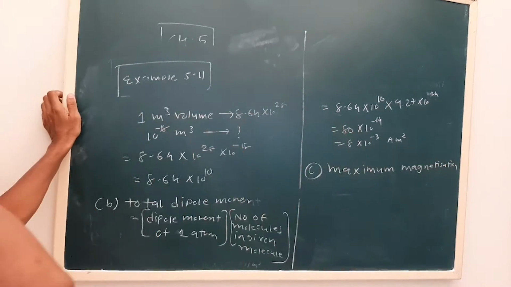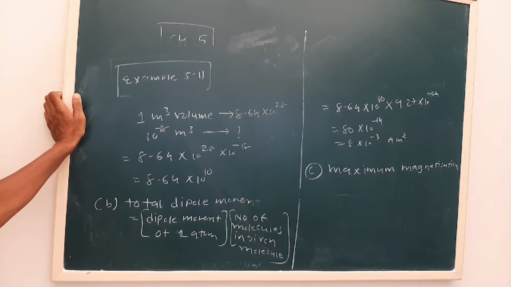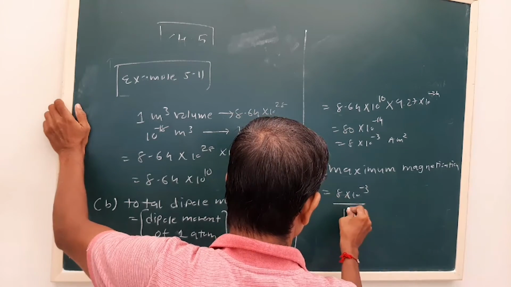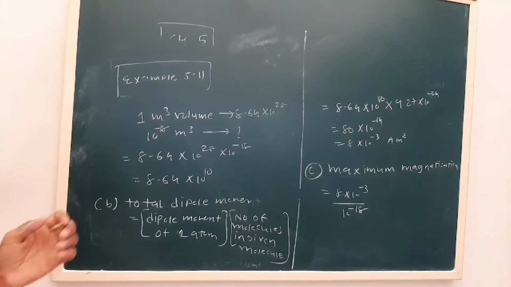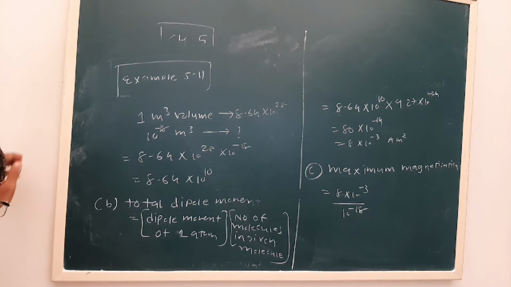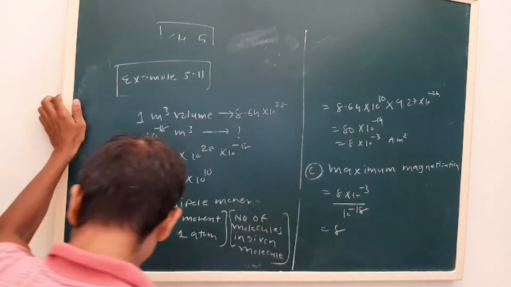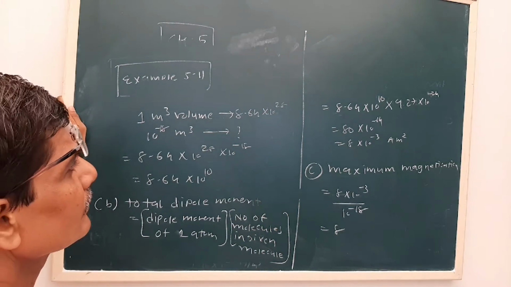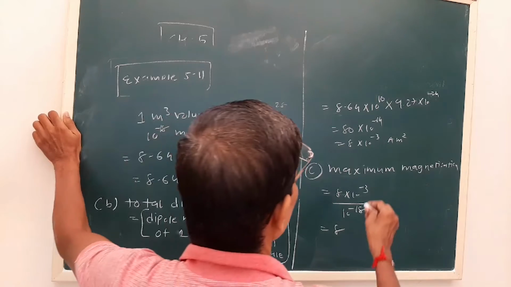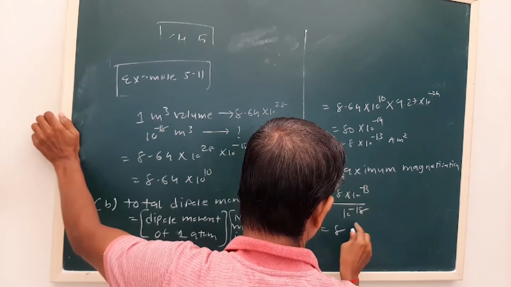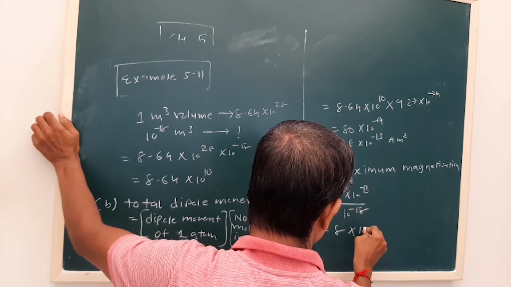For maximum magnetization, what we have to do? See, we have to divide with the volume of the given cube. That will be 8 into 10 to minus 3 upon 10 to minus 18, that we have seen there is a volume of the cube given. So that will get as 8 into 10 to minus 14 and minus 13. Okay, sorry. Yes, 18 minus 13 is 5.